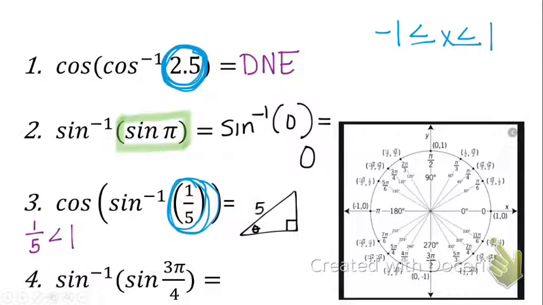So 5 is my hypotenuse, and then opposite is 1. Go ahead and use the Pythagorean Theorem to find the adjacent side.